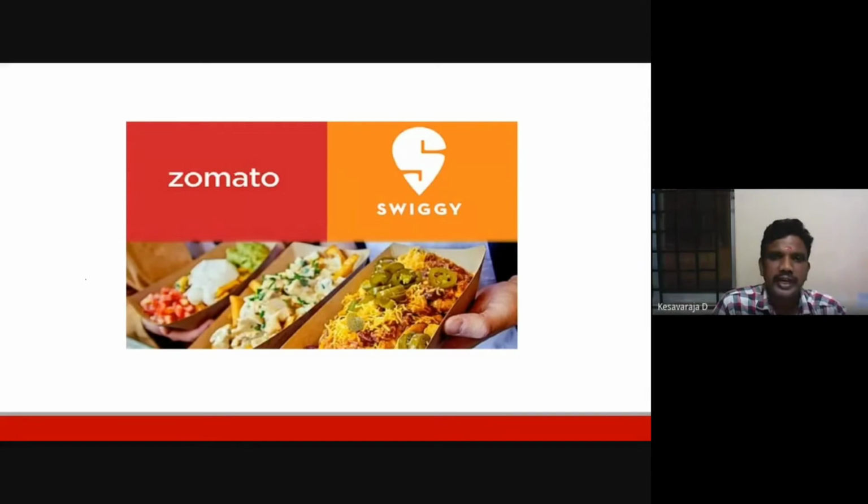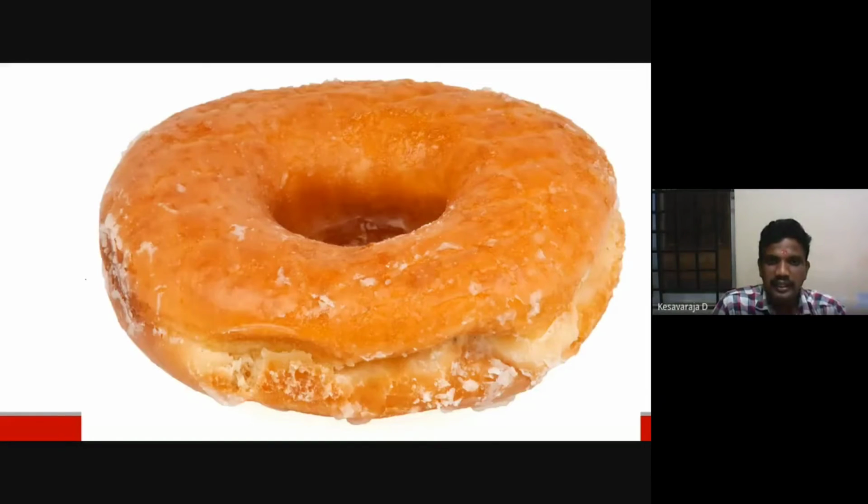For example, one fine day I'm opening the Swiggy app, then I'm ordering vada. Actually, the cost of the vada was 10 rupees, but immediately they place an advertisement based on my thinking. Vada is one of the objects, and it's similar to donuts. So they immediately offer that donuts are available. It's a bun material, something sweet, and the cost was 400 rupees.